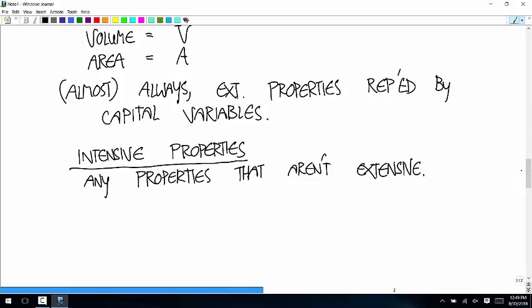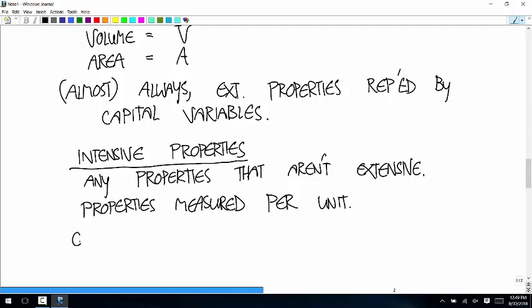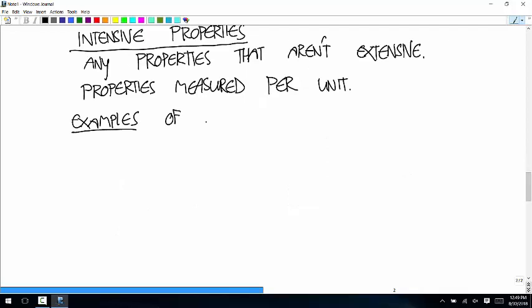Don't write that down, that's off the top of my head. But they are properties measured per something. So some examples of intensive properties.